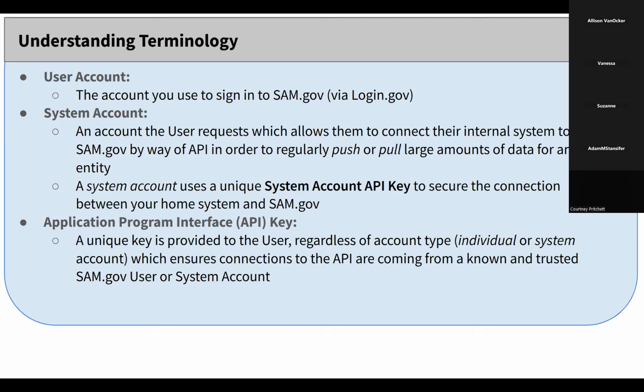One thing I will note that we'll talk about a little bit later is that the individual API key cannot be used to create data via the bulk upload API. You need that system account and you need that system account API key. Generally speaking, the individual or user API keys for an individual user can be used to download, for example, public data out of the entity extracts, that kind of thing.